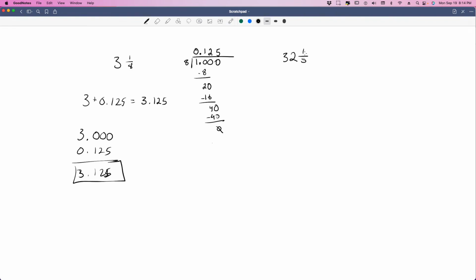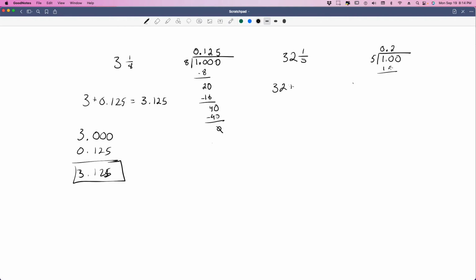Bring up my decimal point, and I'm going to divide that by 5. Okay, well, 5 goes into 1 0 times. 5 goes into 10 2 times, because 2 times 5 is 10. We don't even need this other 0. I can stop right here. My decimal is 0.2. So 32 plus 0.2, that's going to be 32.2.